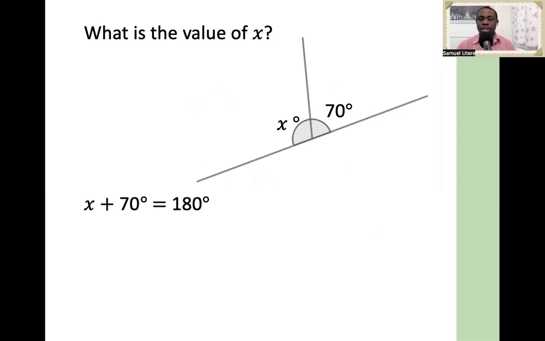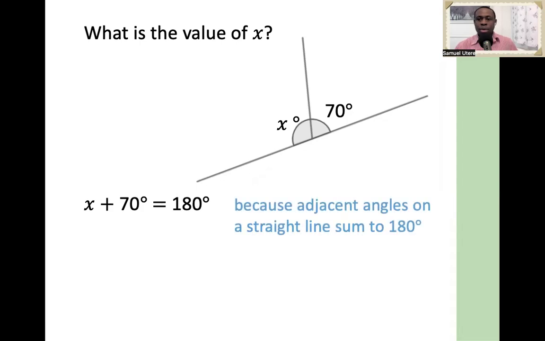We know that adjacent angles on a straight line add up to 180 degrees. So we'll write our equation out. x plus 70 degrees is equal to 180 degrees. Why? We're usually required when we answer questions like this to write our reason.